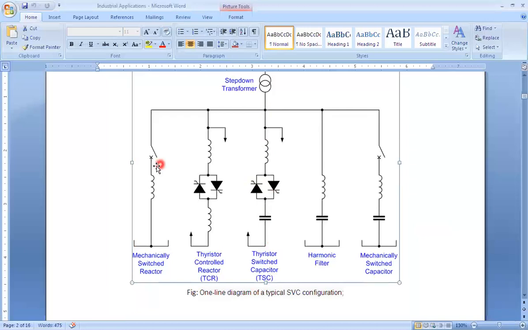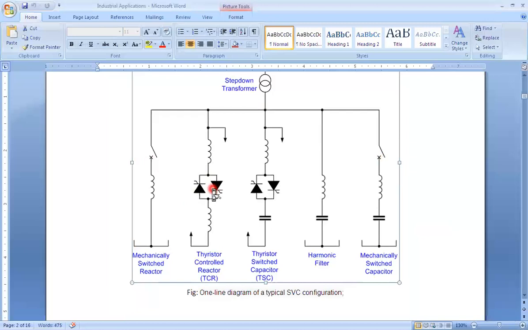Okay, so these two are mechanically connected, and these two are static, because this is a static VAR compensator, because we are using a static device, the thyristor.